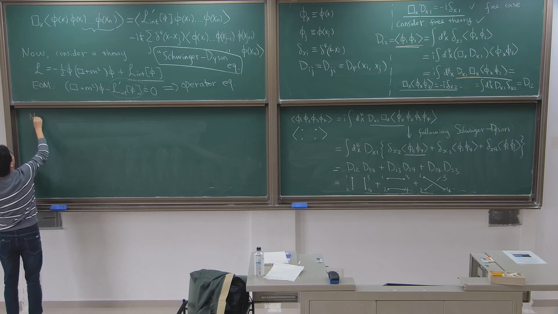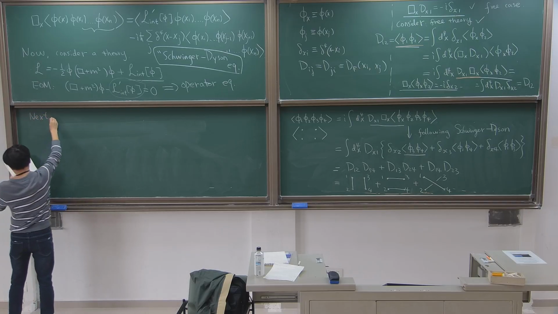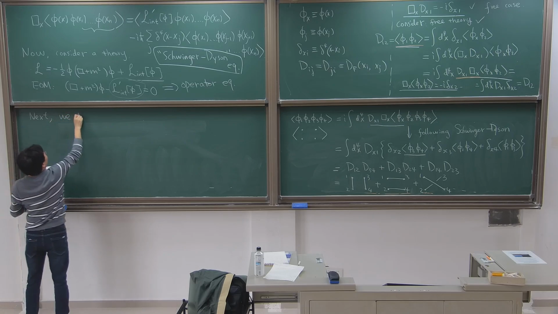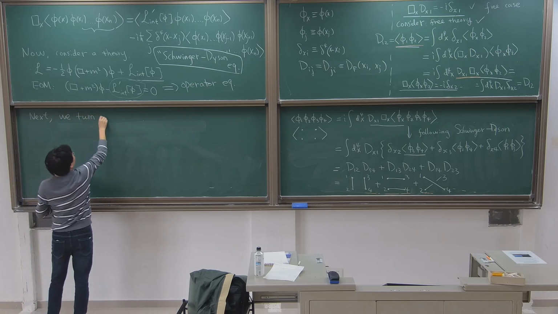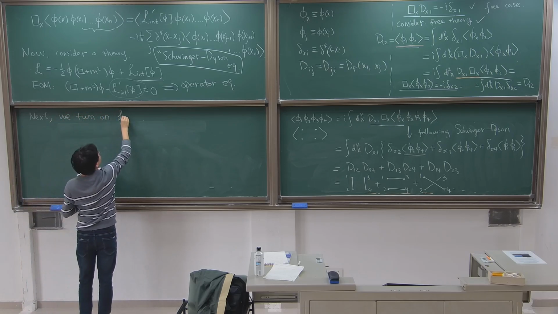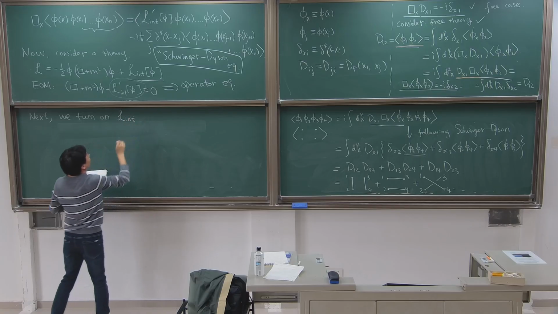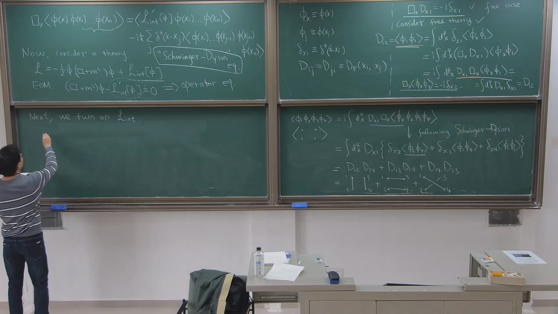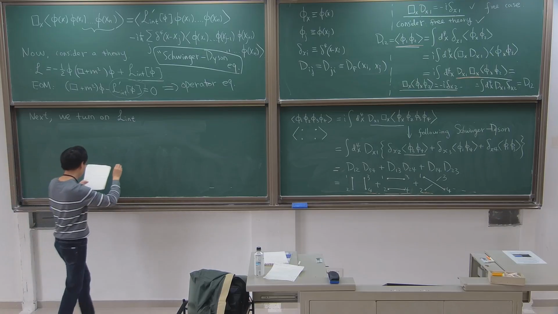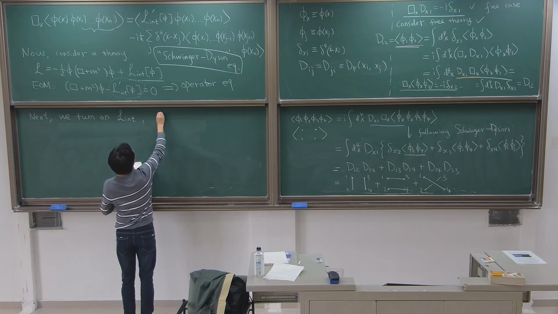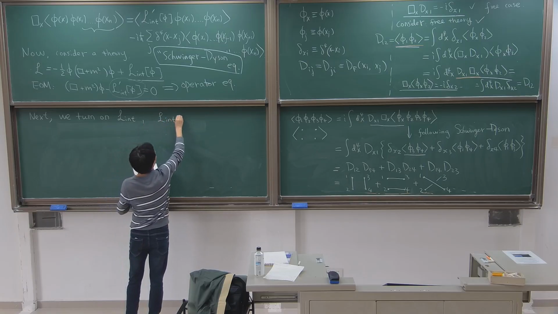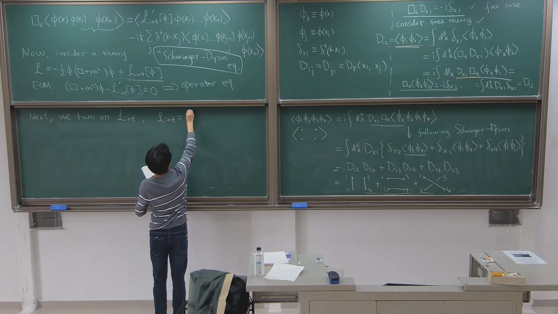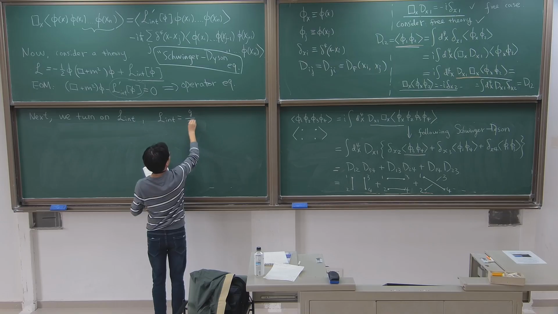So now, we will turn on interaction. Turn on interaction means that they will interact. For example, I can consider a particular interacting theory, which is phi cubic.